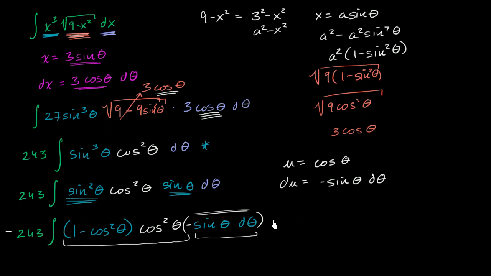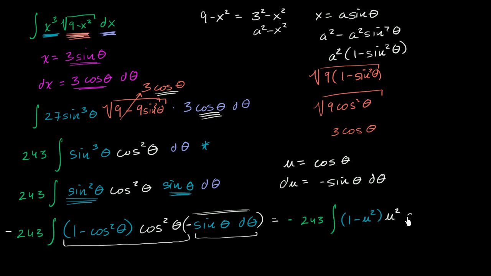So let's write it that way. All of this is going to be equal to negative 243 times the integral of 1 minus u squared times u squared, and then this right over here is just our du.